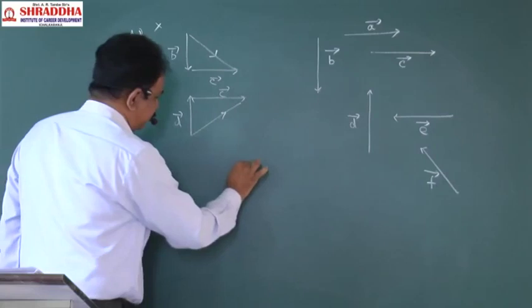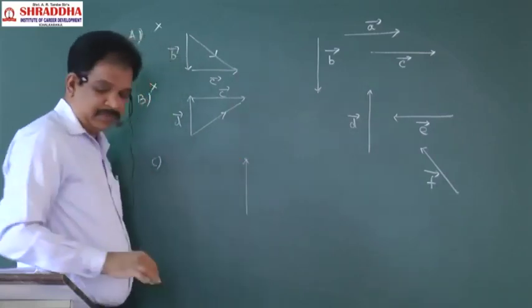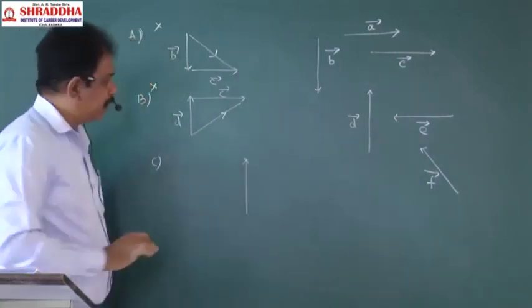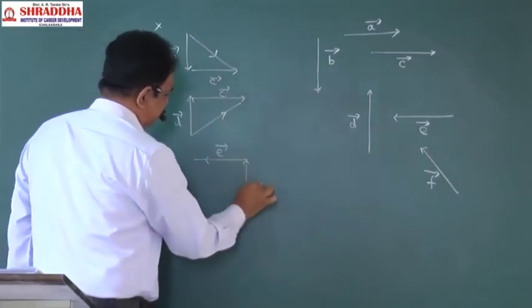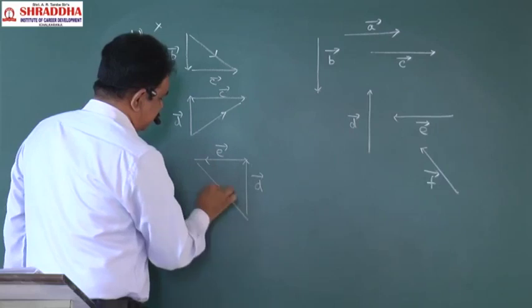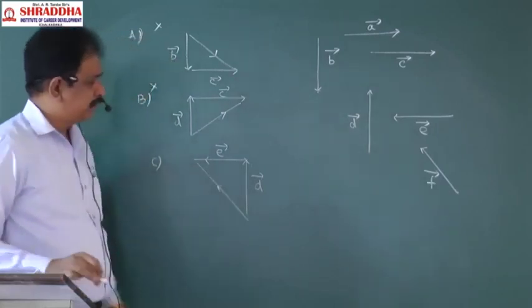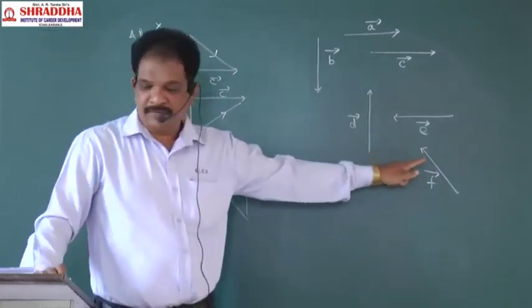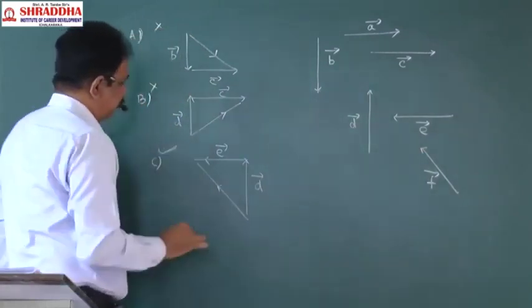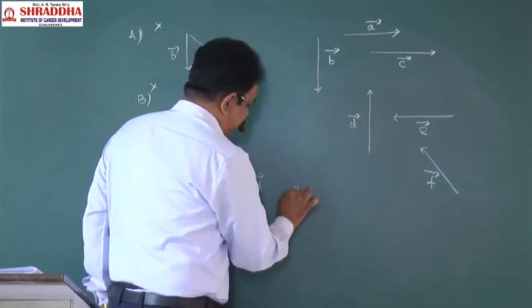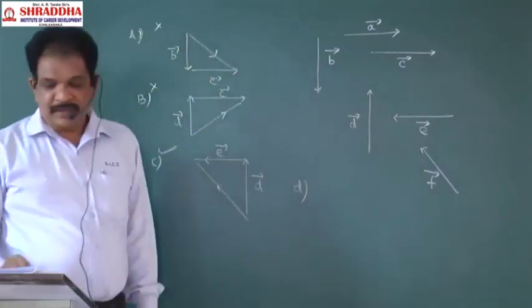See what they are asking. D bar and E bar. E bar will be like this. This will be in this format, F bar. So C is correct. Next D. What they are asking?